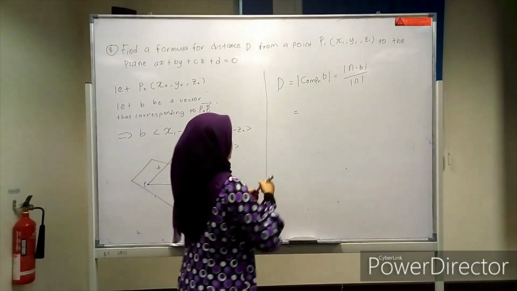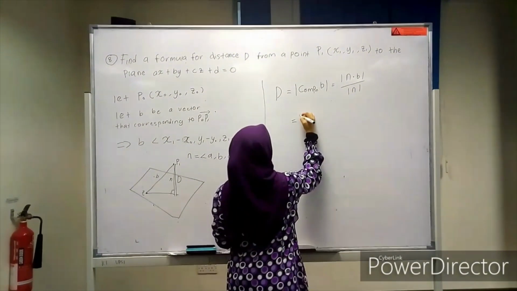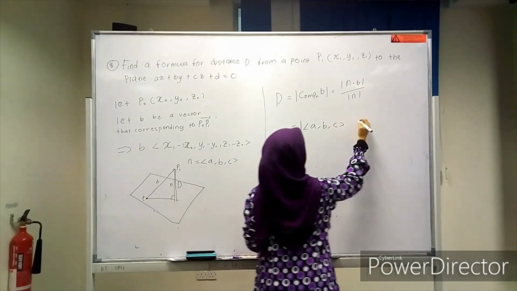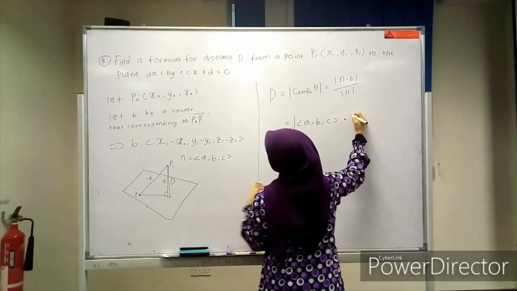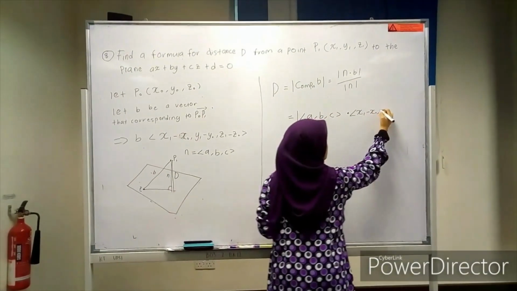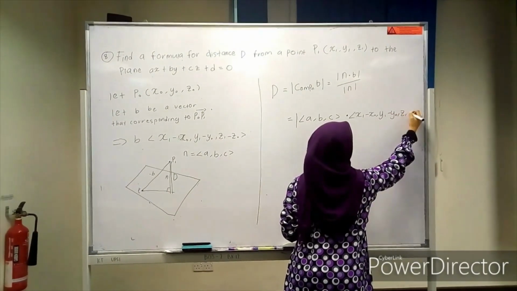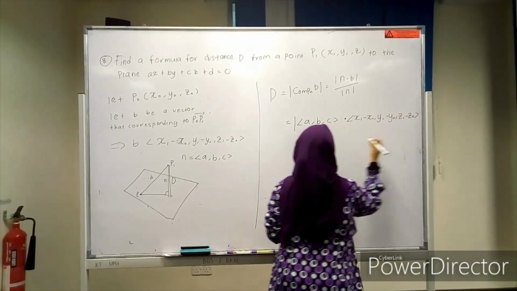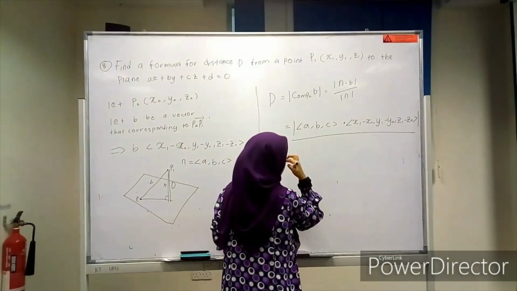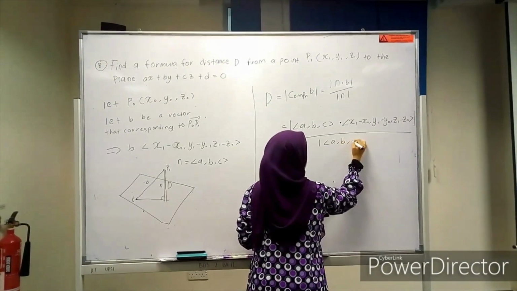Okay, we substitute the value of n and b, which n is a, b, c, b is x1 minus x naught, y1 minus y naught, z1 minus z naught, and divided by the magnitude of a, b, c.